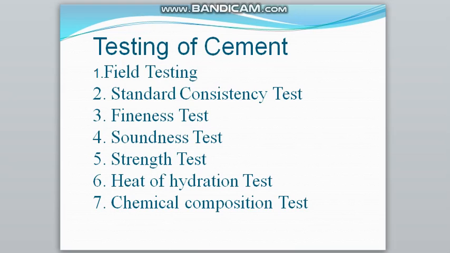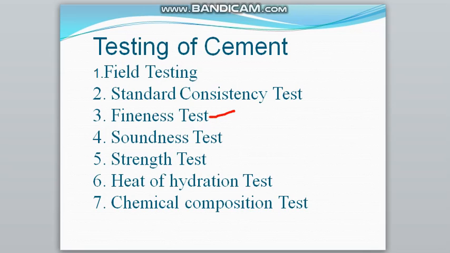First, let me discuss the fineness test of cement. The fineness of cement is responsible for the hydration, rate of evolution of heat, and the rate of gain of strength.